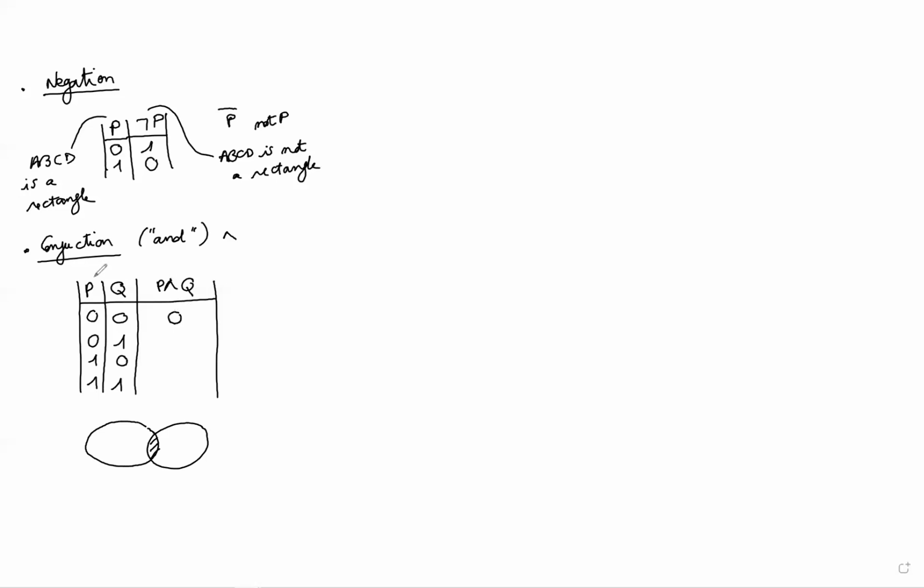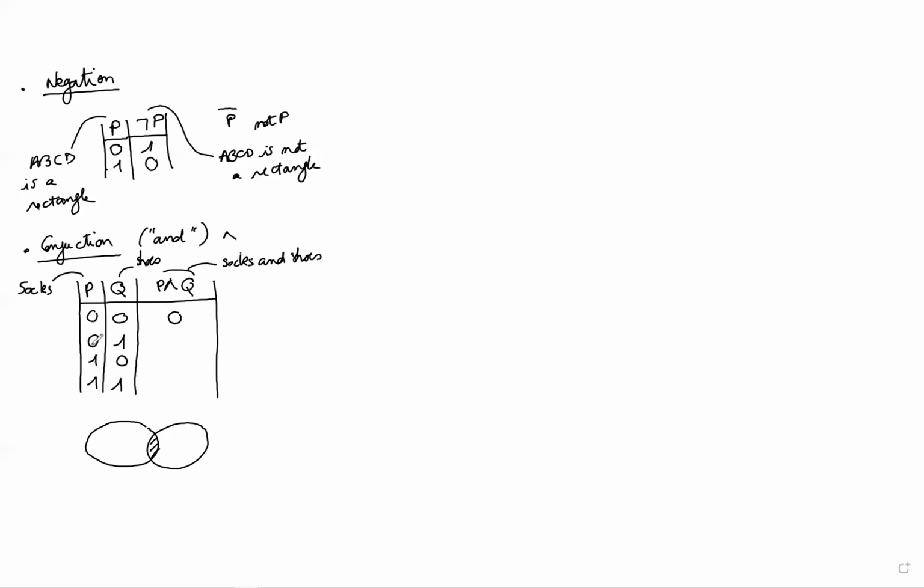For example, if P is "I have socks on" and Q is "I have shoes on", here I have no socks and no shoes, and the conjunction would be "I have socks and shoes on". I will put mathematical examples in the exercises.